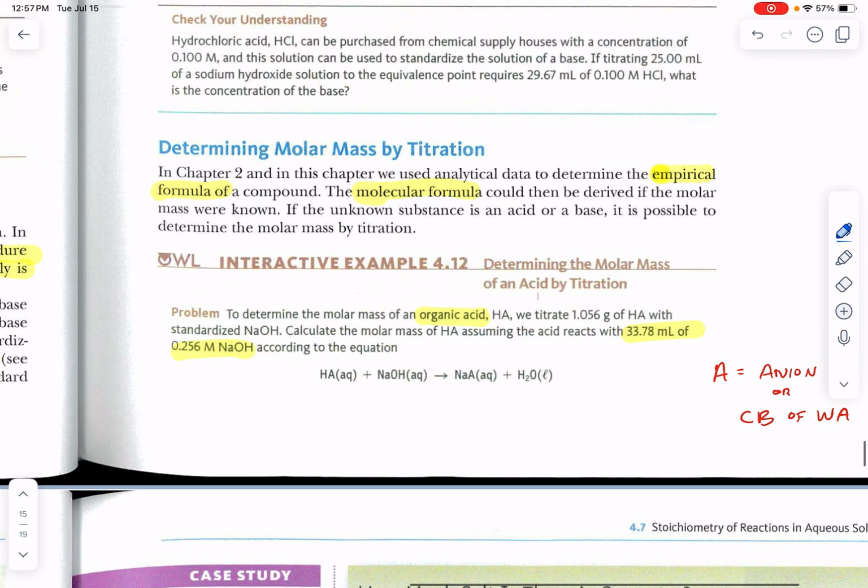Determining molar mass by titration. And remember, molar mass is very important because it's actually the identity of a compound. If you find the molar mass of something, you basically know what compound it is, because very, very few different compounds have exactly the same molar mass.